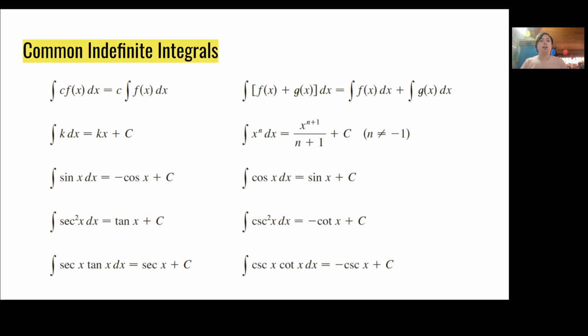And so you can't know when you do the indefinite integral what that constant is. So a lot of times, you'll have some starting conditions. Like if you have a velocity and you take an integral and you want to find the position, sometimes they'll give you, okay, the position started at 10 meters away from your house.